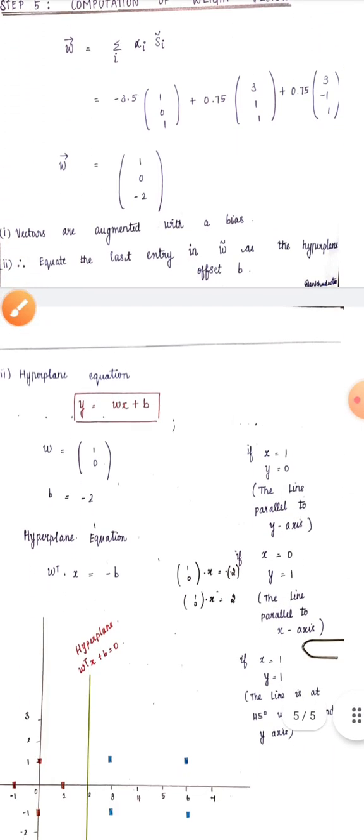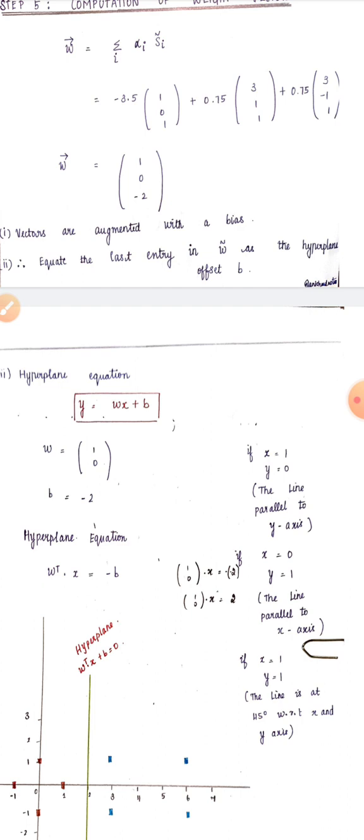So the final hyperplane equation is y is equal to wx plus b, and the standard equation provided by Bishop's book for the hyperplane is w transpose x plus b equal to 0. This is for the hyperplane equation, and the w value is 1 0, and the bias which we have obtained is minus 2.